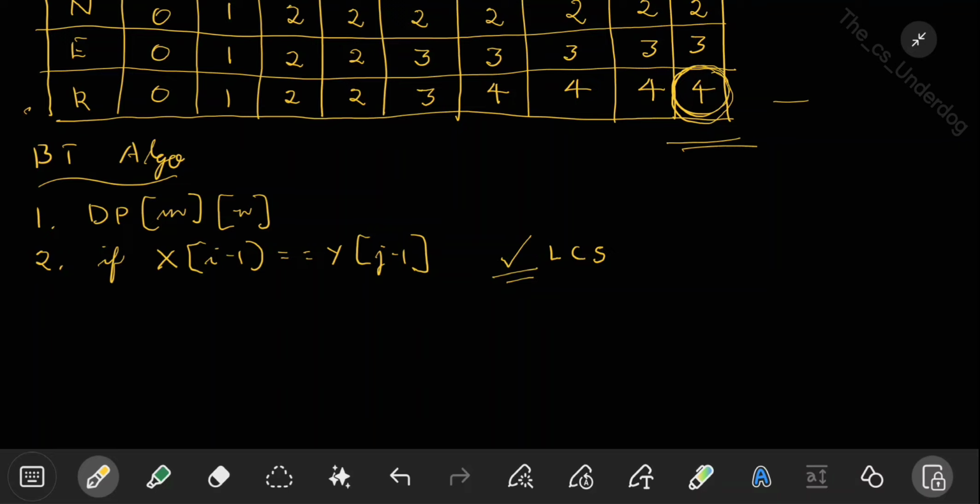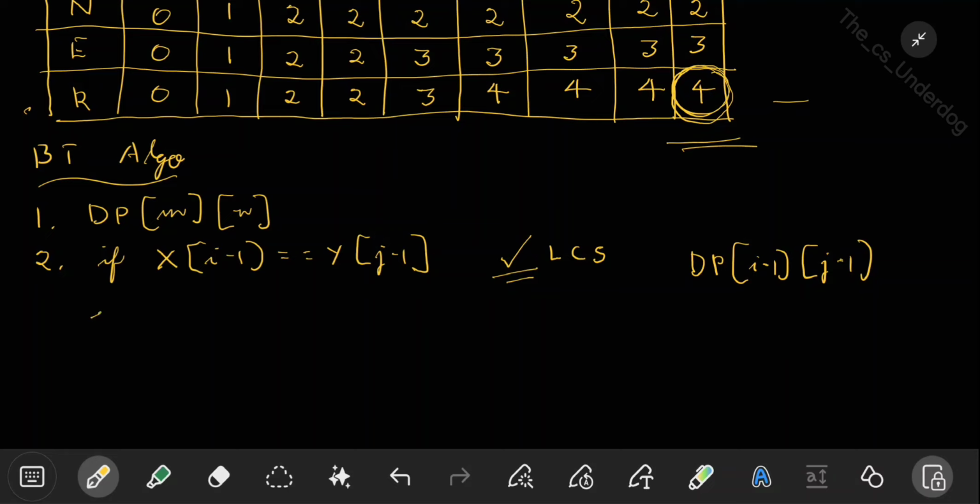Include this particular character in LCS and then move to the diagonally top element. That is, you should move to dp i minus 1, j minus 1. You are presently in dp i j. From there, you should move to dp i minus 1, j minus 1. So you are doing the reverse of whatever you did previously.